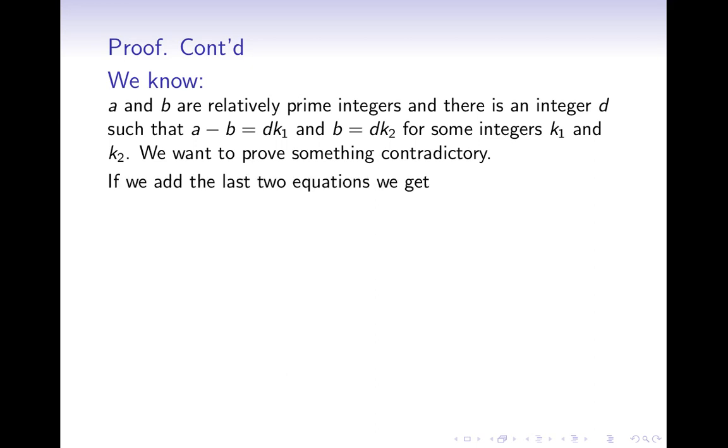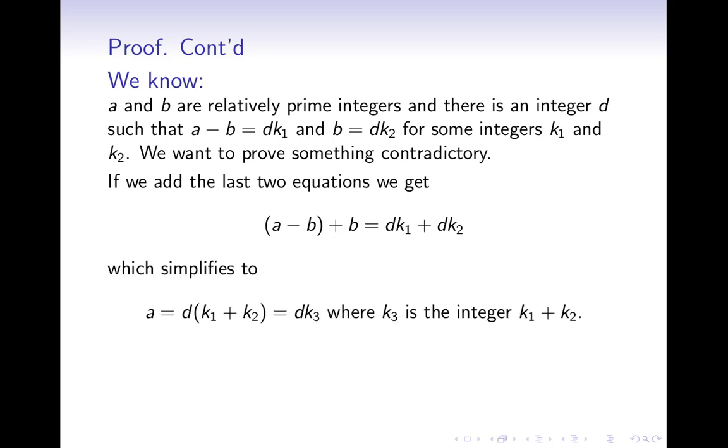So the plan is to add the last two equations. The equation a minus b equals d times k1 and the equation b equals d times k2. And if you add without doing any simplifying, the left-hand sides give you a minus b plus b, and adding the right-hand sides is d times k1 plus d times k2. And now we simplify. The left-hand side simplifies to a.